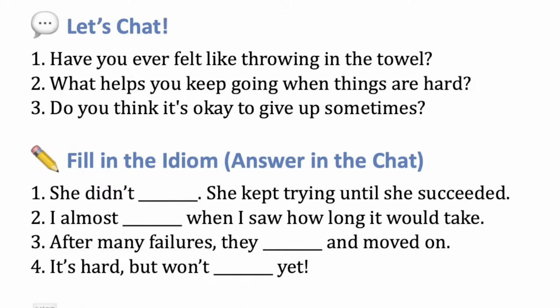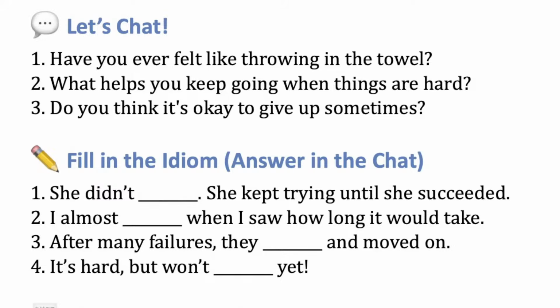Okay, so let's look at the 4 sentences one more time. She didn't throw in the towel. She kept trying until she succeeded. Number 2, I almost gave up when I saw how long it would take. Number 3, after many failures, they threw in the towel and moved on.